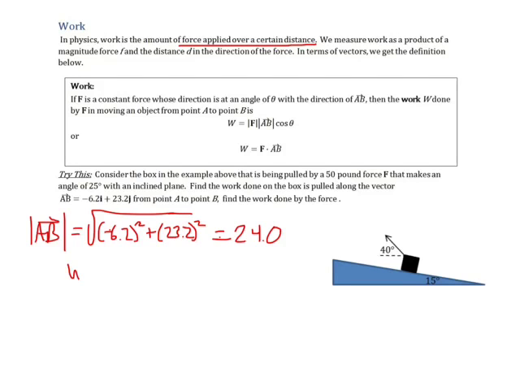And so our work is going to be the magnitude of F, our force, times the magnitude of AB, times the cosine of the angle. In this case, our force is 50 times 24 times the cosine of the angle between them, which is 25.